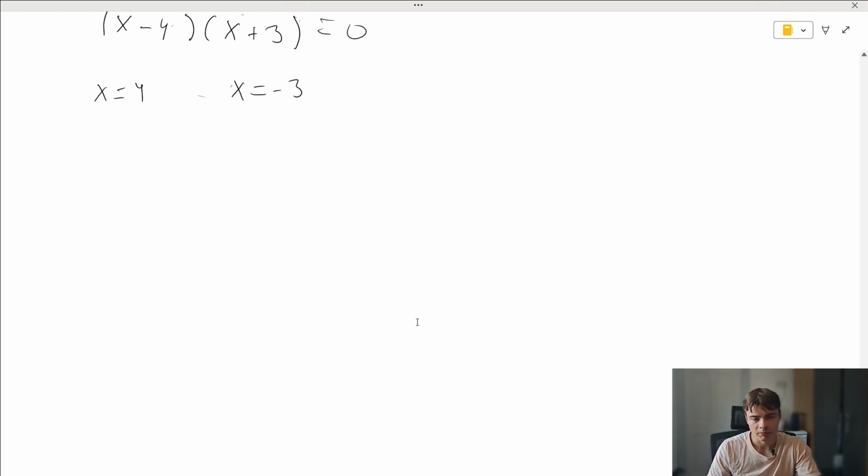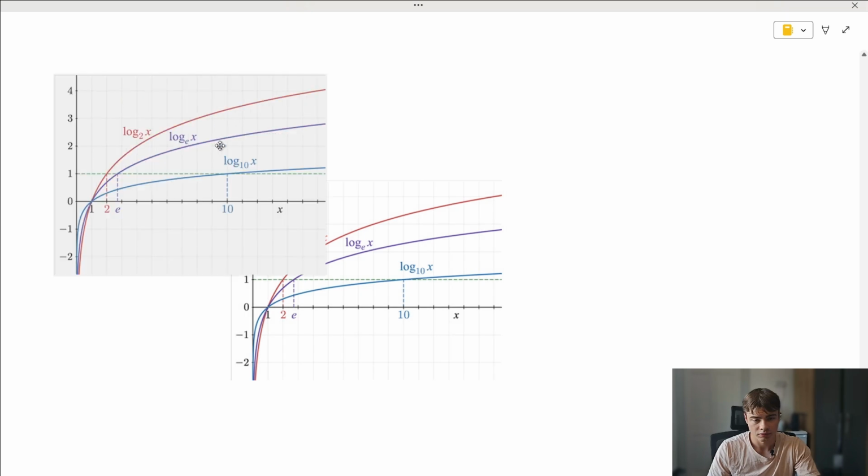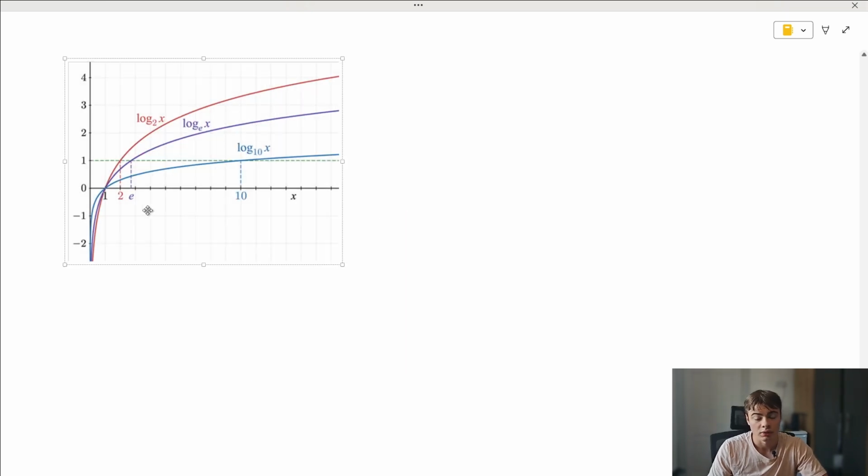We'll come back to this one. Logarithms are functions. And here you can see graphs of logs of different bases. Base 2, base e, base 10. What they all have in common is that all of them equal 0 at x equals to 1.